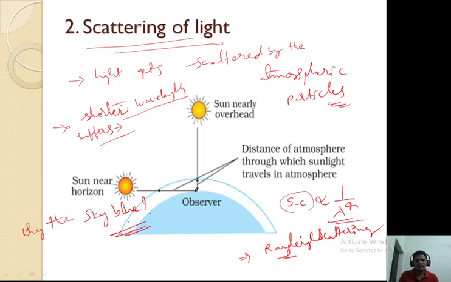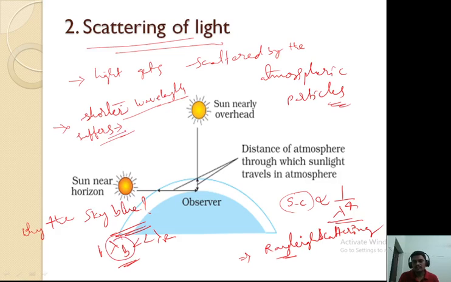So the question is, why does the sky appear blue in color? The wavelength of blue is smaller than that of red. As I told you, shorter wavelengths suffer more scattering.